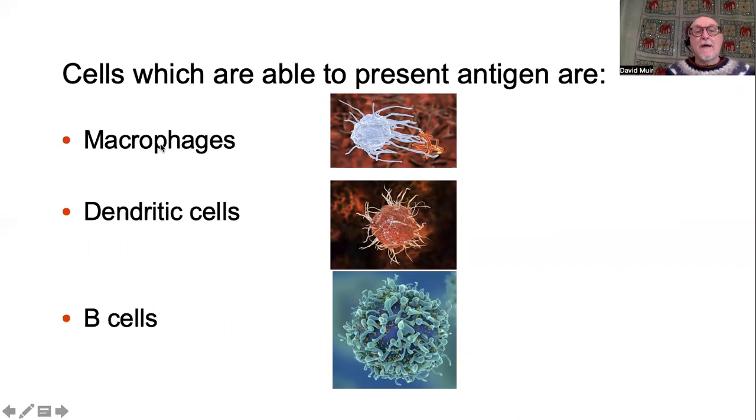Both macrophages and dendritic cells are regarded as being part of the innate immune system, not of the adaptive, but they definitely interact with the adaptive. And in fact, the interaction of the dendritic cells is critical to the functioning of the adaptive immune system. It carries information from all of the tissues to the adaptive immune system for it to respond.